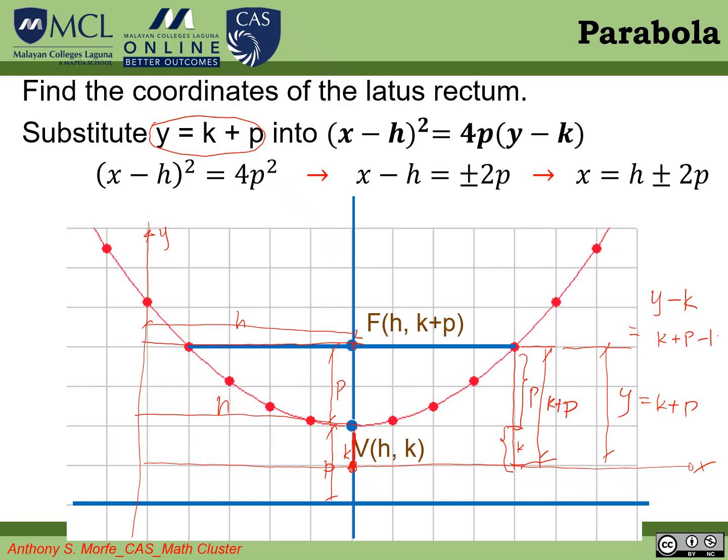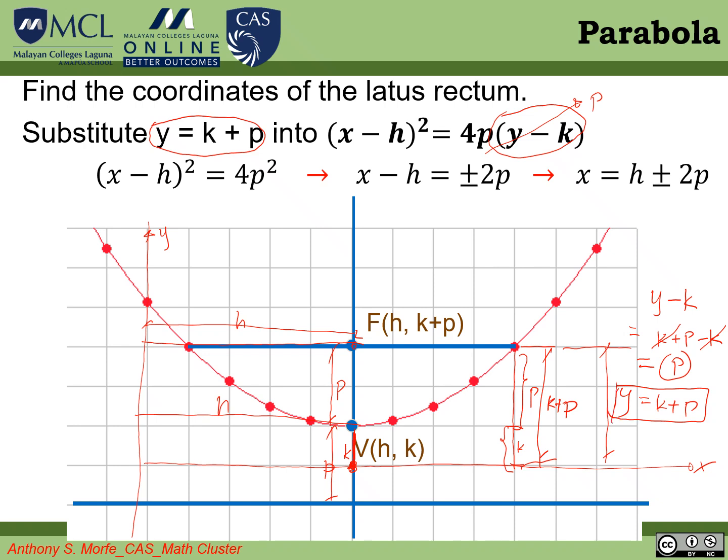Then minus k. Okay? So k and minus k cancel. So this becomes p. So the whole thing here becomes p, so this is just equal to p. Alright? So y minus k. From this, our y is equal to this one.